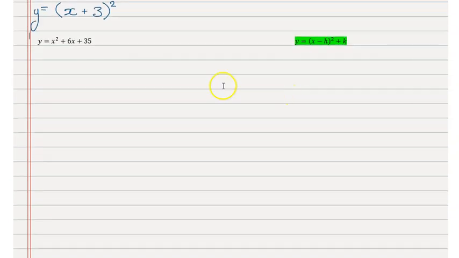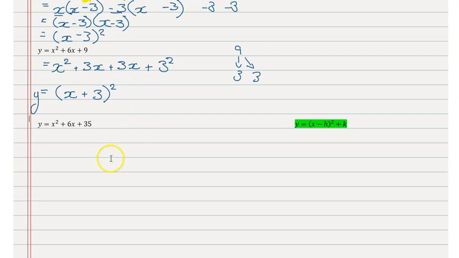Now consider another example. Let's say, rather than 9, it's 10. In the previous example, the constant was 9, and in this example, it is a constant of 10. Now there are two ways in which we can go about this.